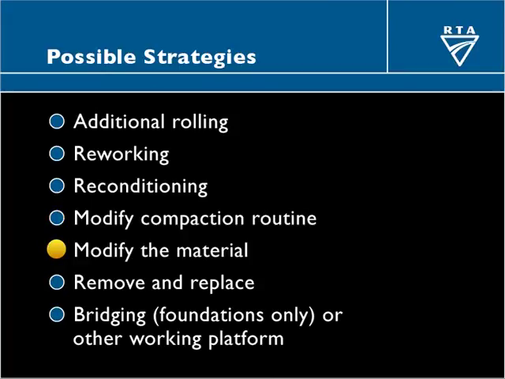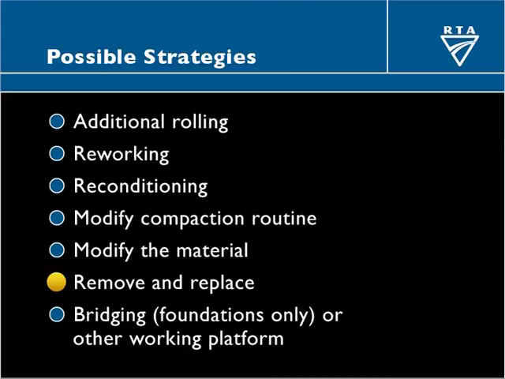We can try modifying the material if it's really resistant. That can mean blending it with something else. It can mean chemical modification. Starting to become expensive at this point. We can remove it and replace it. If it's really intractable, that may be the only way out of it.